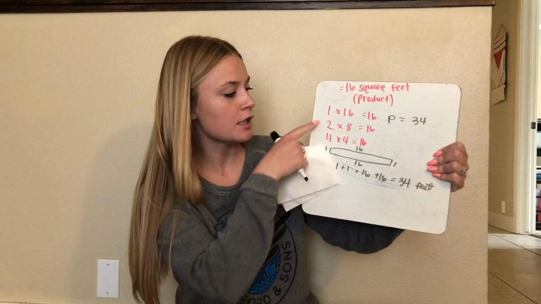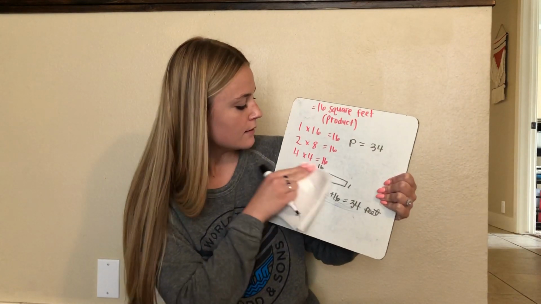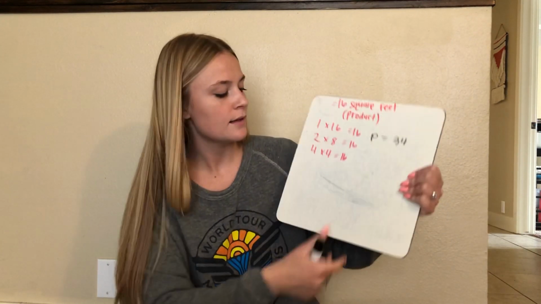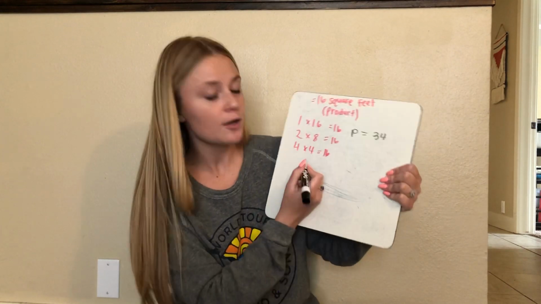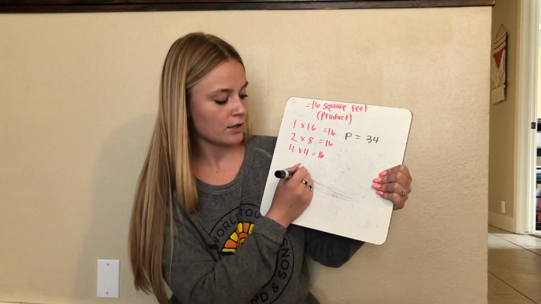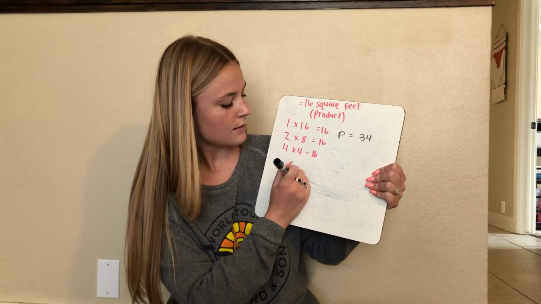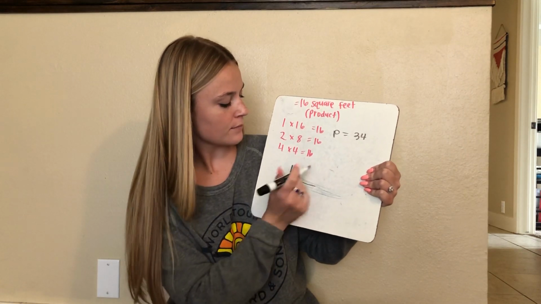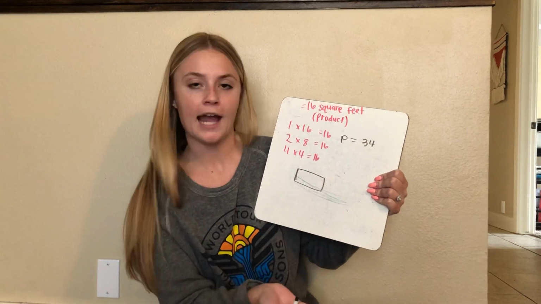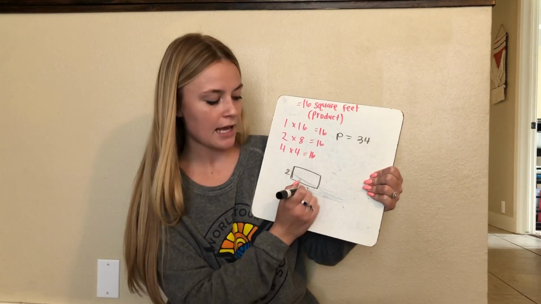Okay, so now I'm going to do 2 times 8. This rectangle looks a little bit different because I have 2 rows, 8 on the bottom. Okay? So 2 and 8.